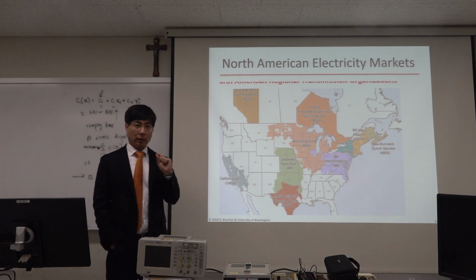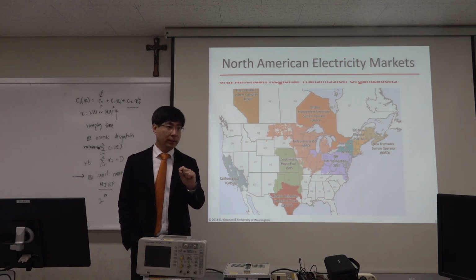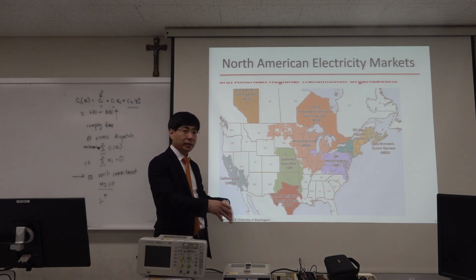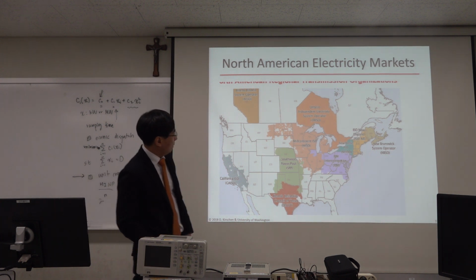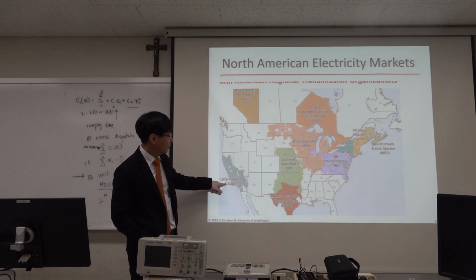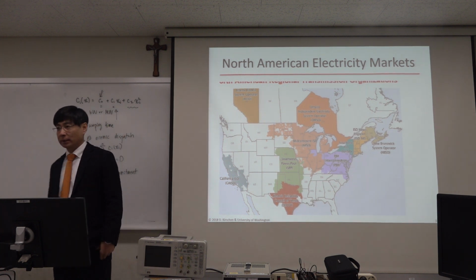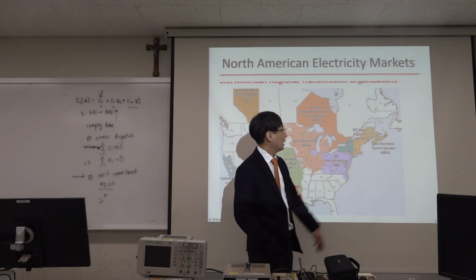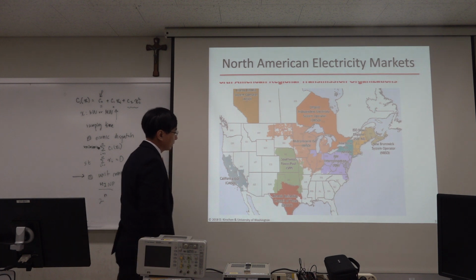I didn't explain the concept of independent system operator, ISO, yet, but they manage the wholesale market. So please remember the names CAISO, which is responsible for California, ERCOT, which is responsible for Texas, and PJM, and New York ISO, and MISO, and some others, I guess.